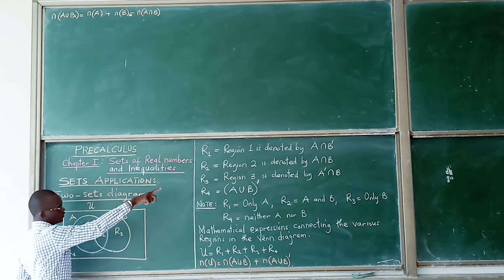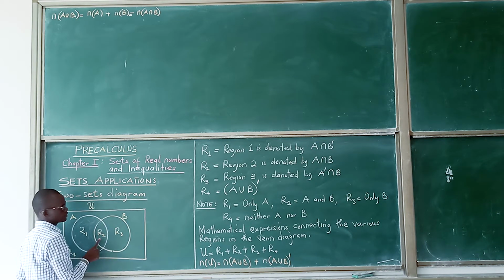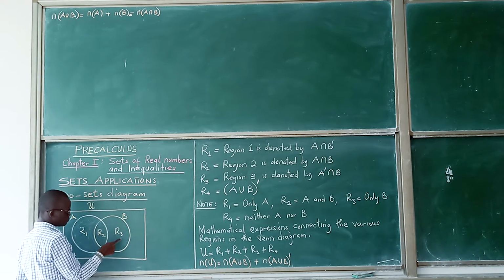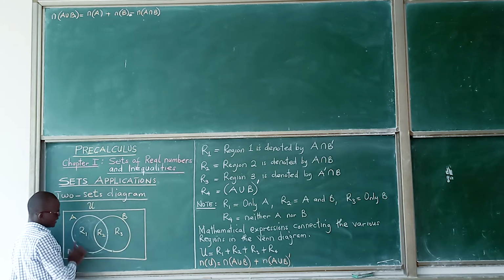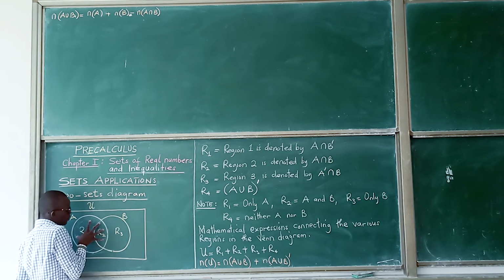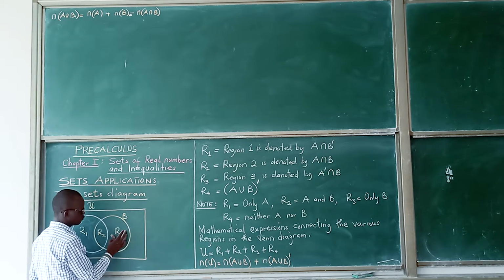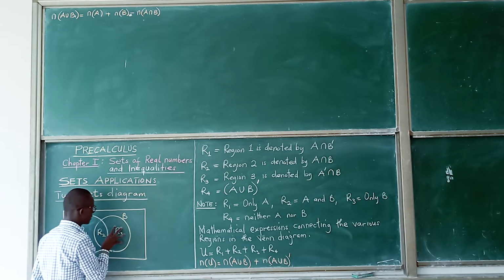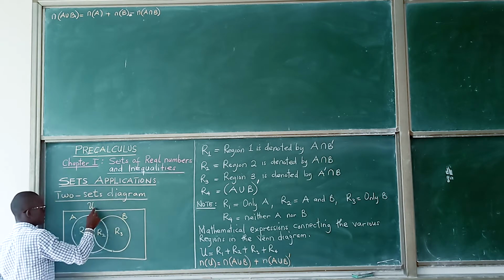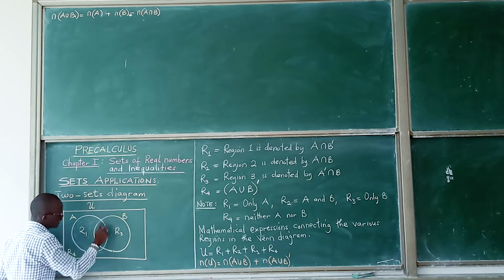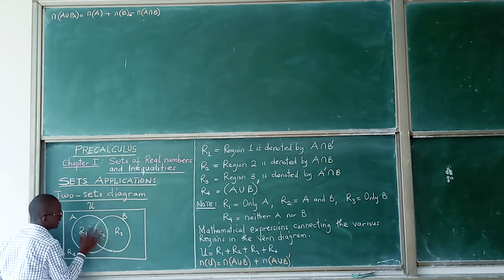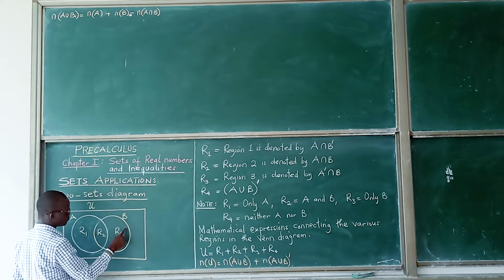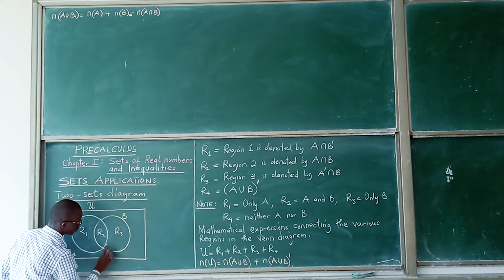So region 2 denotes A intersect B. Region 3 is denoted by A intersect B, but we do not want to include set A, so we attach prime to set A. So it's A prime intersect B. A prime are all of those elements that are within the universal set but are not found within this circle, so they are referred to as the complement of A. That's why we say A prime intersect B, because we only want to indicate just this portion here.